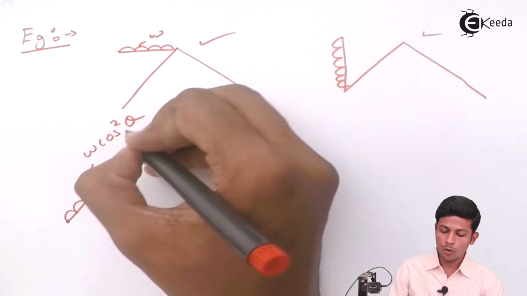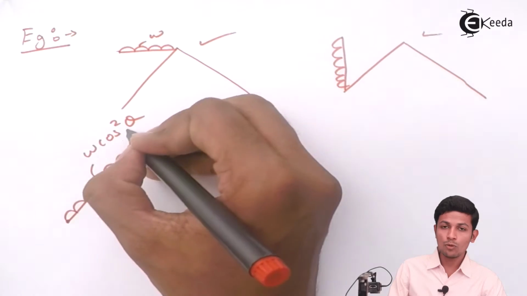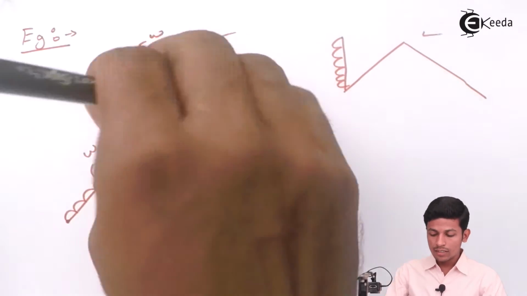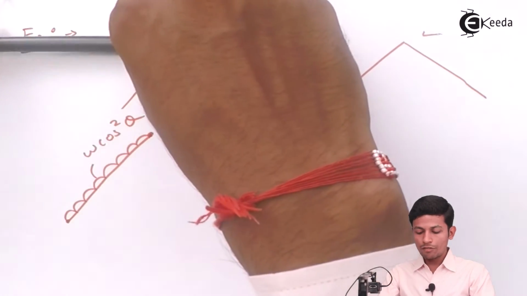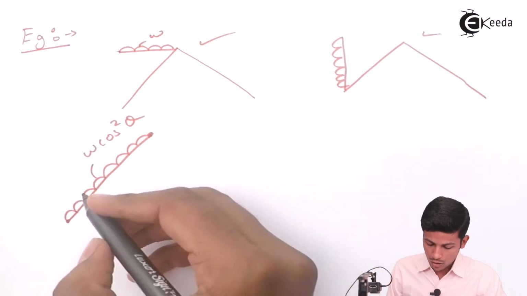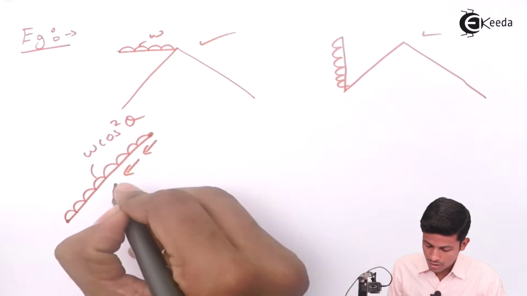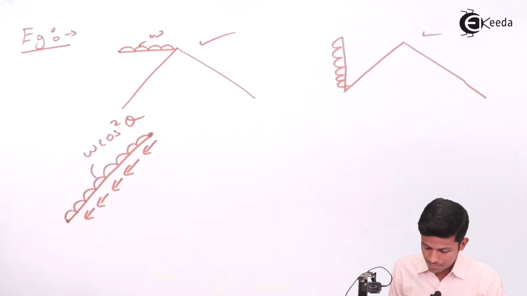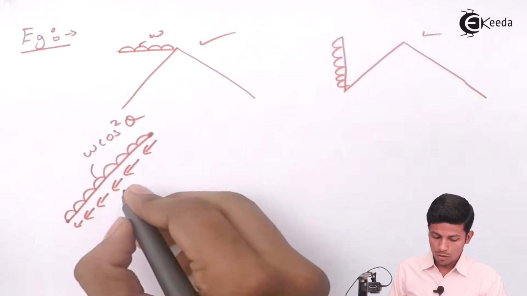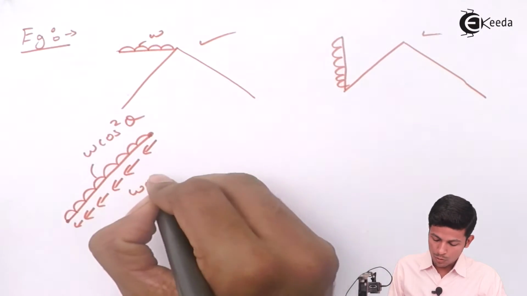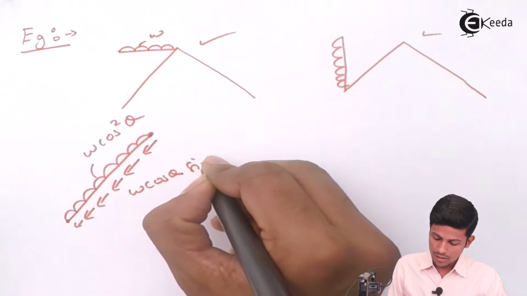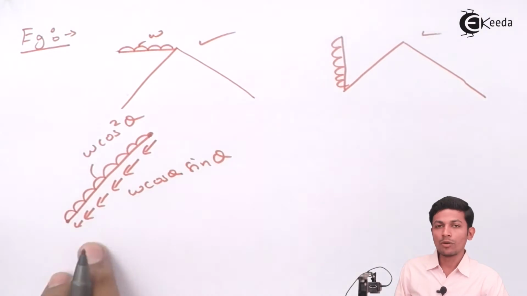Please remember the formula. Since W is going from this to this, a UVL also has to come here, and this formula will be W cos theta sin theta. Please remember this formula first.